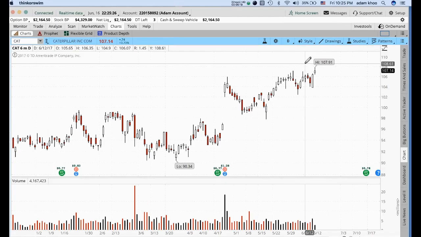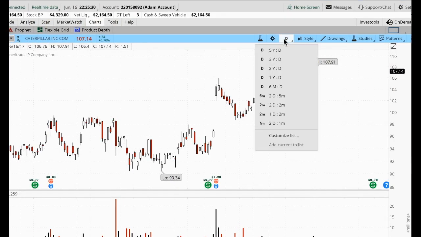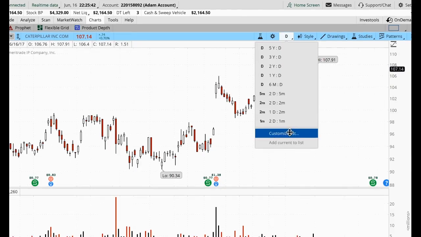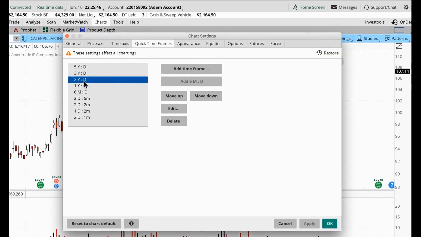All right. Now over here, you can see that on this icon, click on it. These are all the time frames that we have pre-chosen. These are customized favorite time frames. And again, if you want to change it, you can click on Customize List, and you can edit any of them to suit time frames that you like.